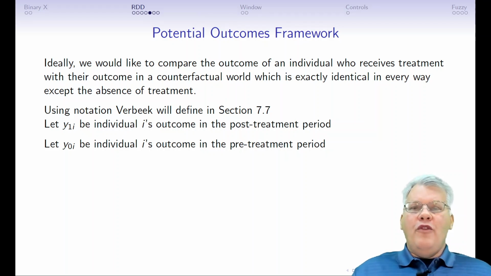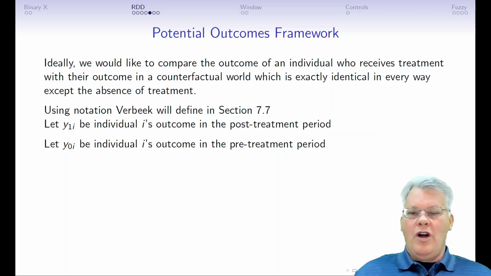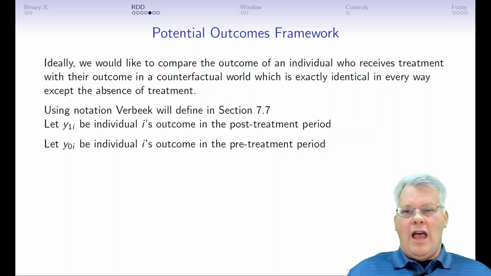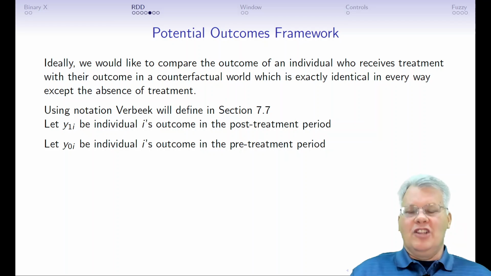So if we want to put on our theoretical hats for a moment, the theoretical framework that's used for identifying causal effects is what's called the potential outcomes framework.